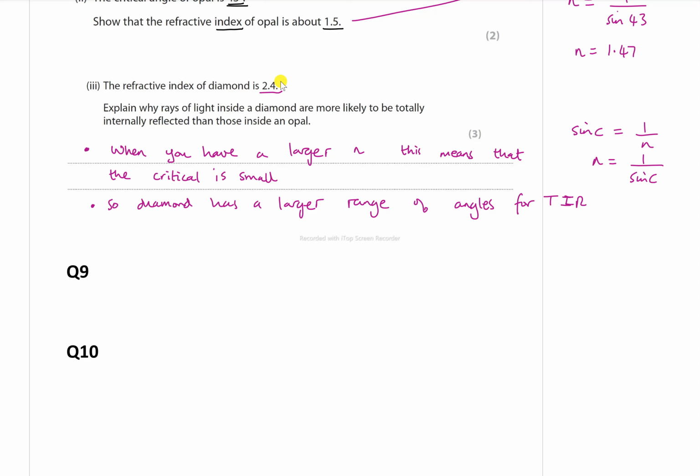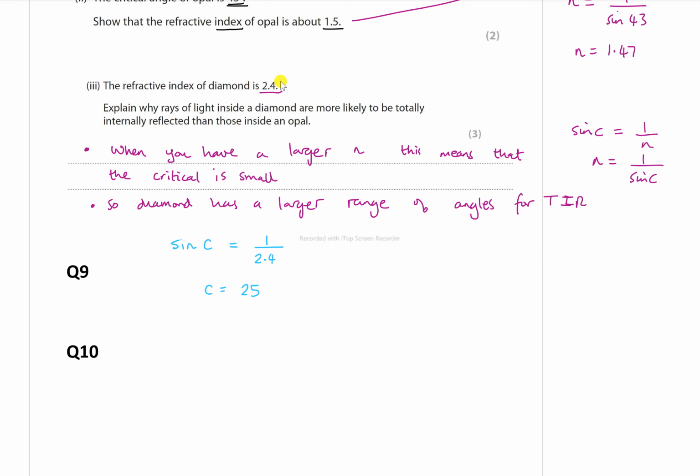You can do an example. So sine C equals 1 over 2.4, so C equals 25.